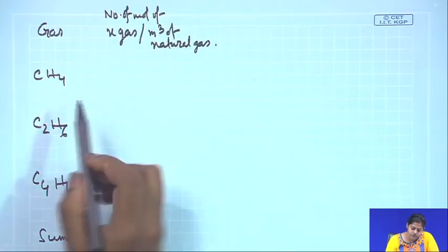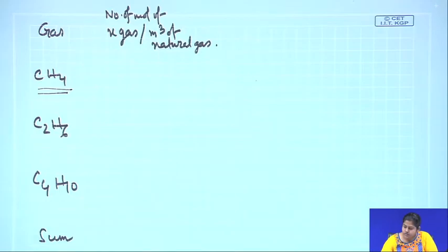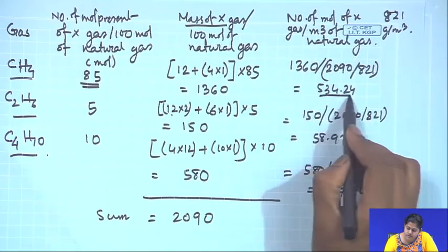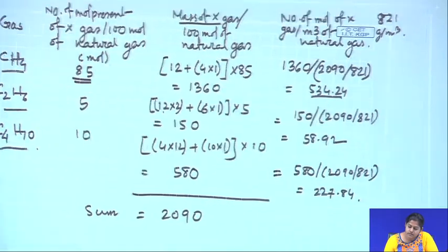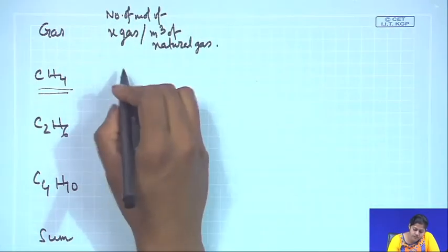We know the molar mass of all these compounds. So, if we simply divide this by the molar mass of each compound, then we will get the number of mole present of X gas per meter cube of natural gas.